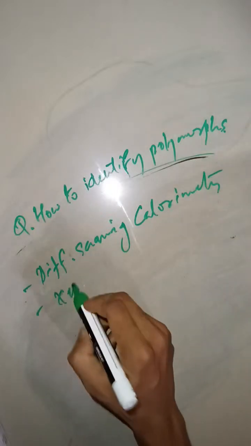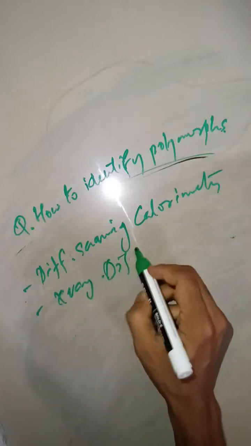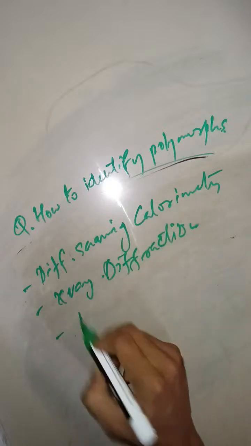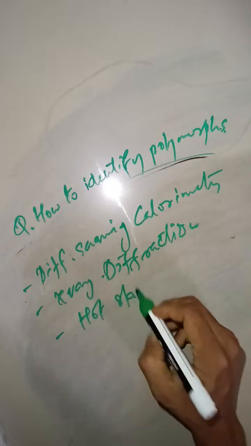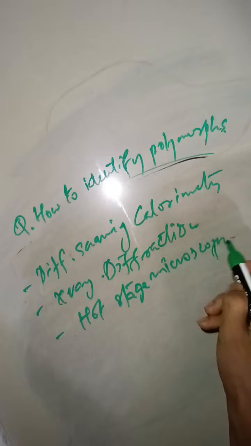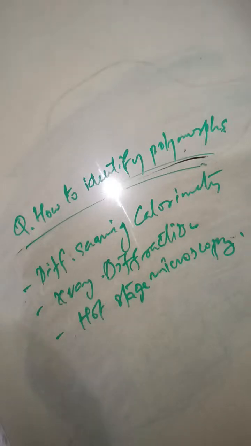Number 2 is X-ray diffraction. And number 3 is hot stage microscopy. Okay, so these are the three important techniques by which we can identify the polymorphs.